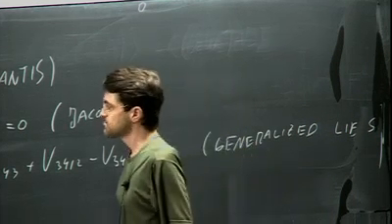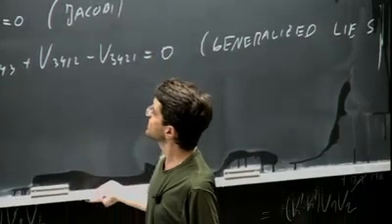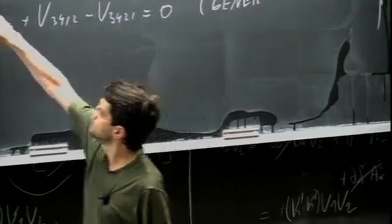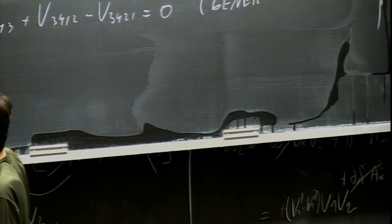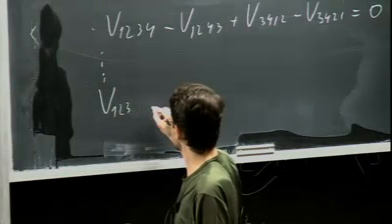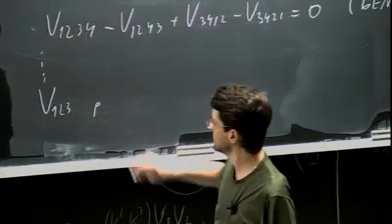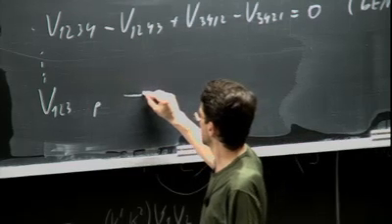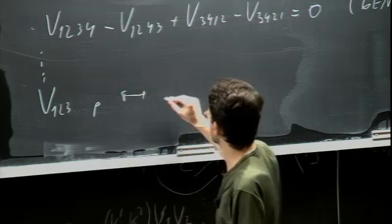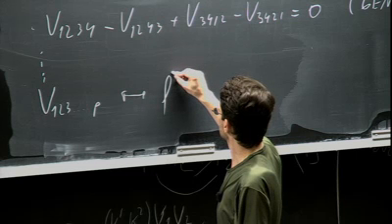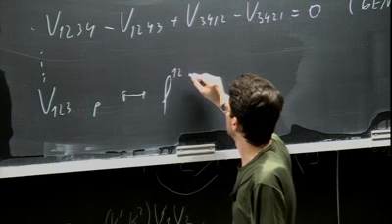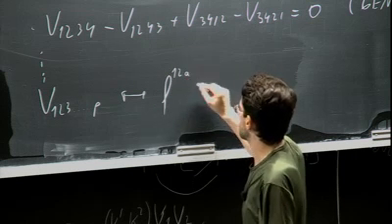And you can convince yourself that the symmetries of these objects with P labels are equivalent to a symmetry of a contraction of structure constants like this.